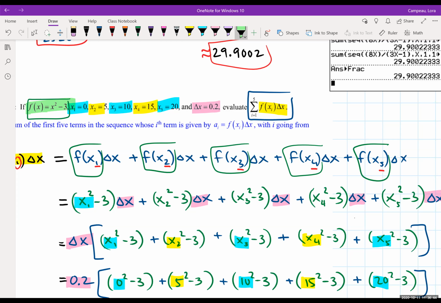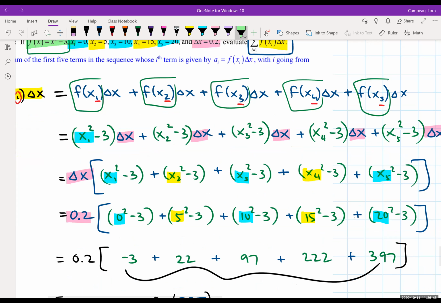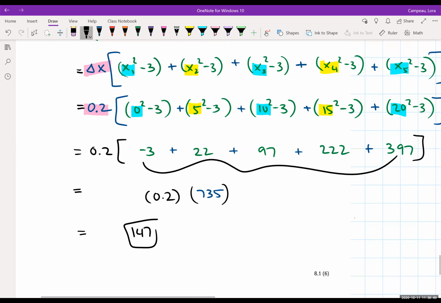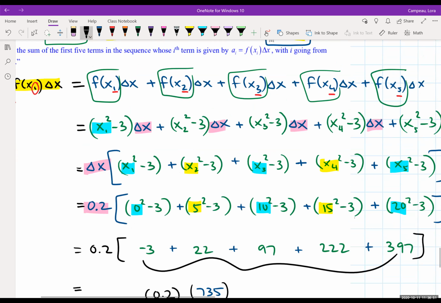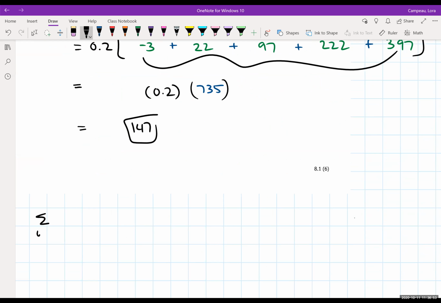So if you don't mind, I'll do this one more time, just helping you look at it in a few different ways. So here I have the summation i going from 1 to 5 of f of x of i times delta x.